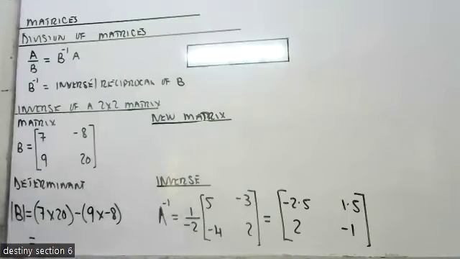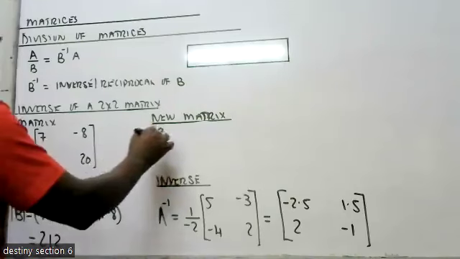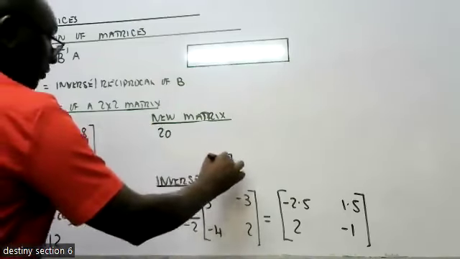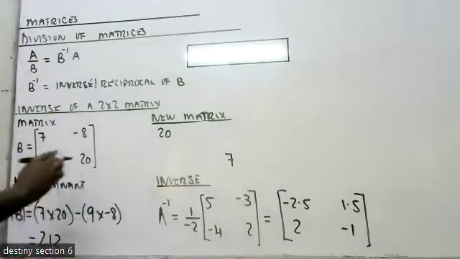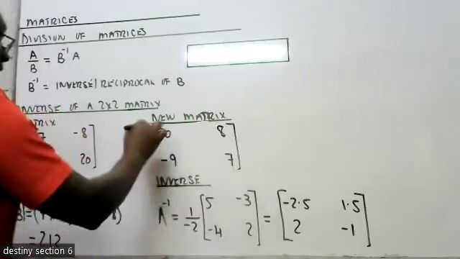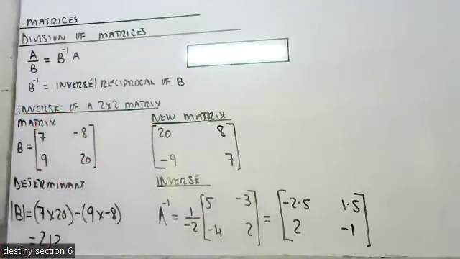The answer? 212. 212, please. So for the new matrix, you change these positions so that we have 20 here and we have 7. Then you change the sign. So this becomes minus 9 and this becomes positive 8.